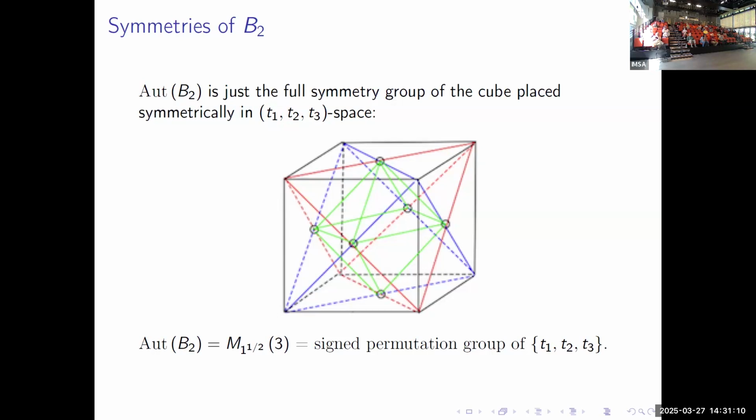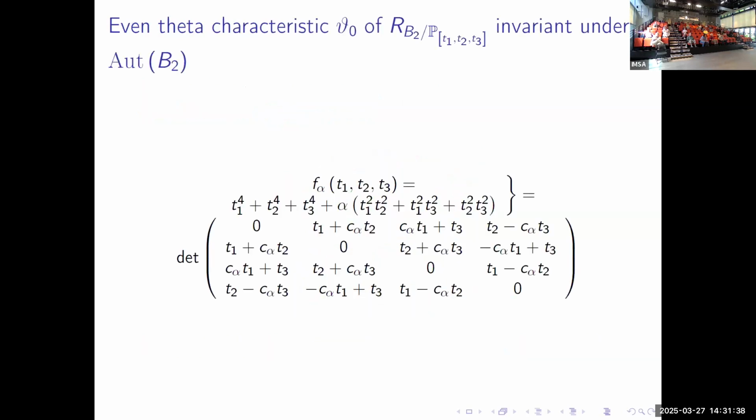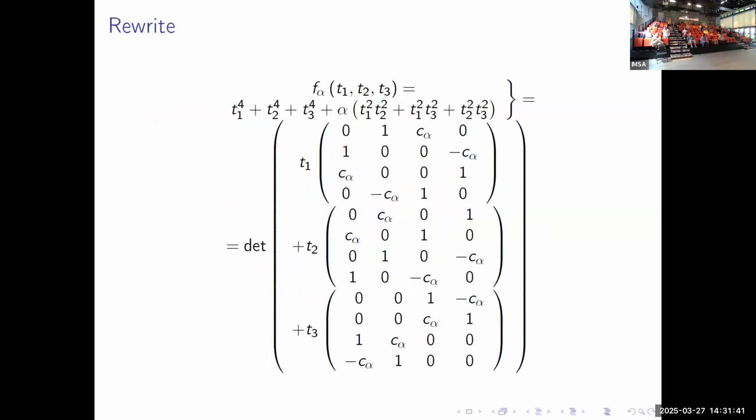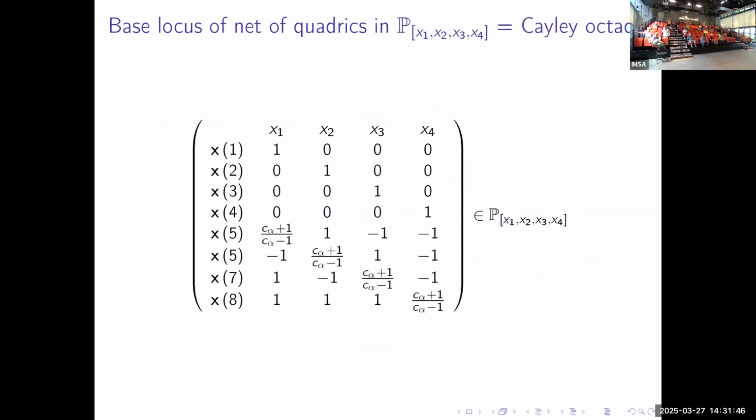The Cayley octad, which is the 8-point base locus of the family of quadrics, are the 8 vertices of that cube. But they're the 8 vertices of that cube in a special way. This is what I just said before.